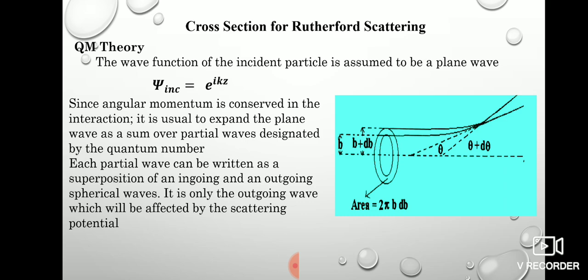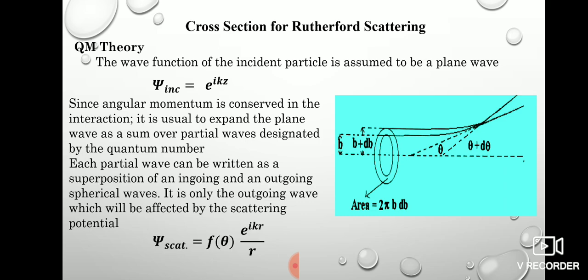And among these considerations, only the spherical wave that is emerging out, the outgoing wave, is affected by the scattering potential. The scattering potential arises as the projectile approaches the parent nucleus. So the nucleus produces the scattering potential.